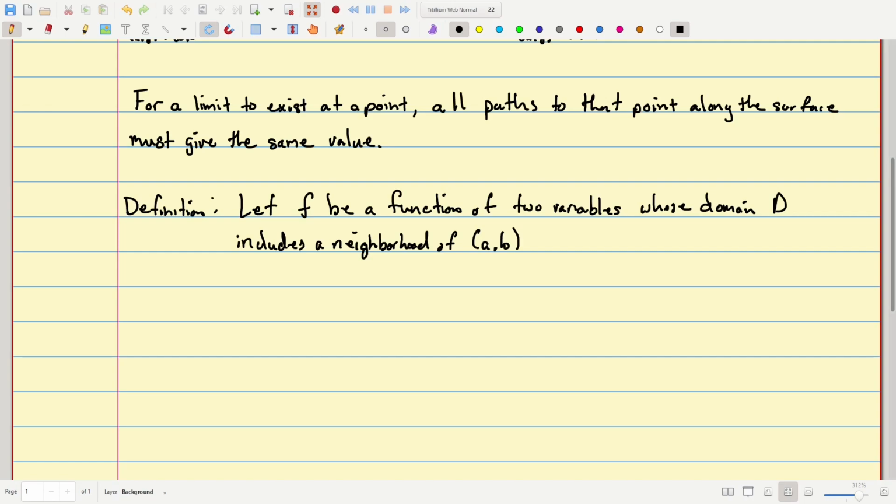Okay, I'm going to use a vocabulary word here. A neighborhood is a collection of points that are all infinitely close to the point that we care about.